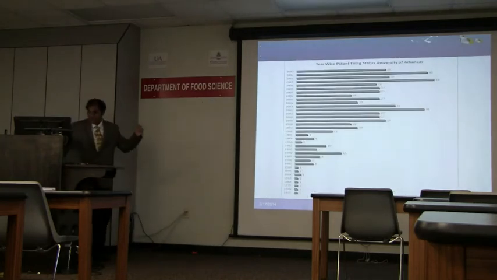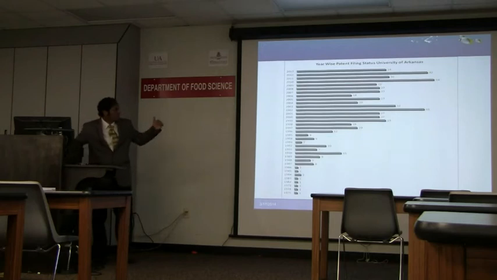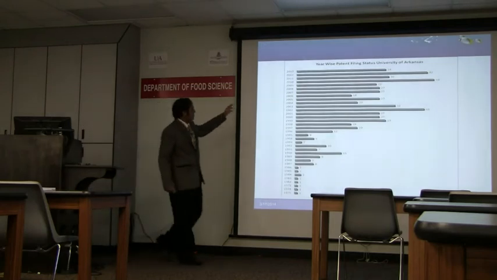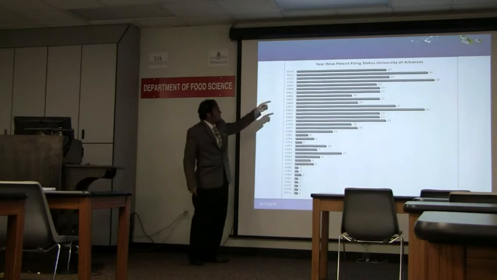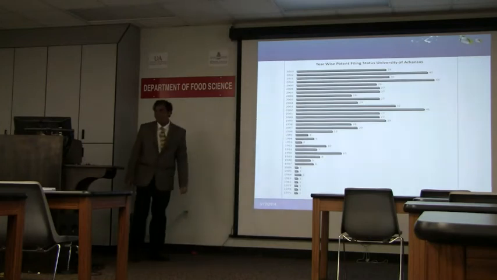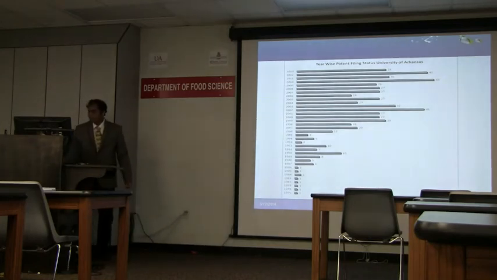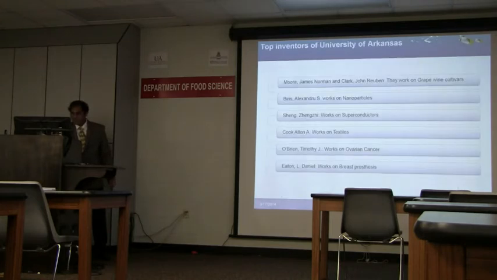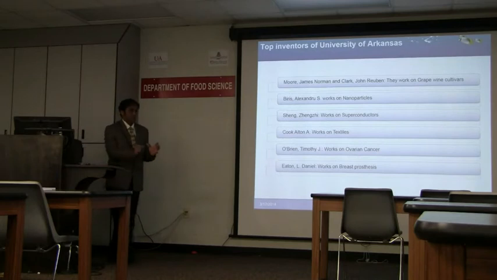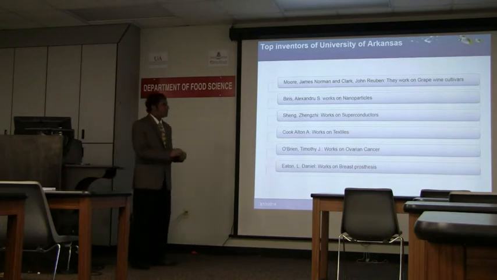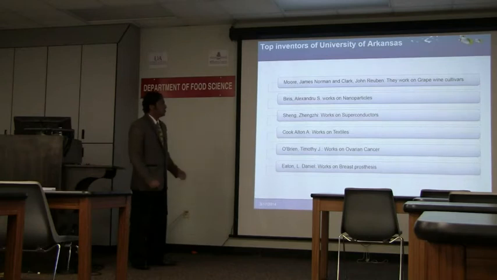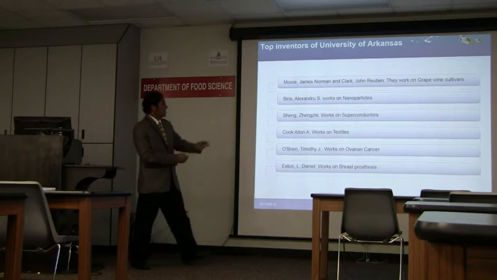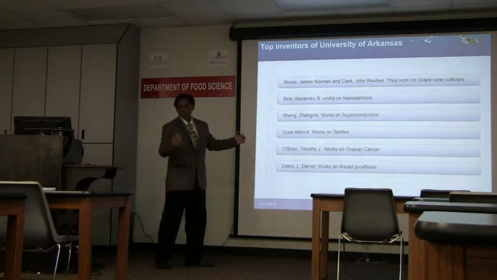I also tried to figure out the golden period of the University of Arkansas. I found that in 2010 there were 44 applications filed from the University of Arkansas. Then I figured out who the top inventors are. I found these names, James Norman, and you must know these people, but this is just for your information.